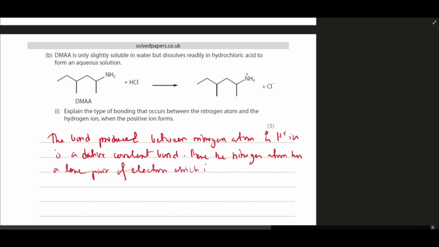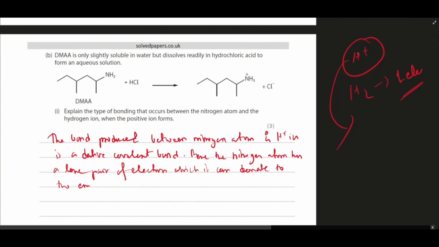Which it can donate to whom? To the empty orbital. What do you understand by empty orbital? First of all, H plus. When it is H, how many electrons are there? Only one electron, isn't it? So what do you understand by H plus? Basically, that one electron which was left, that went out, isn't it?